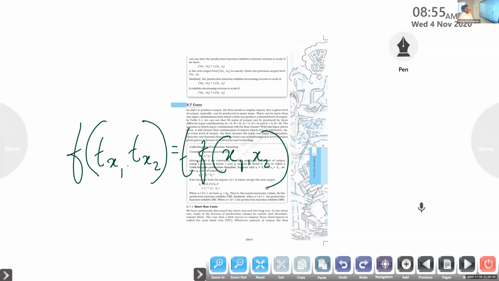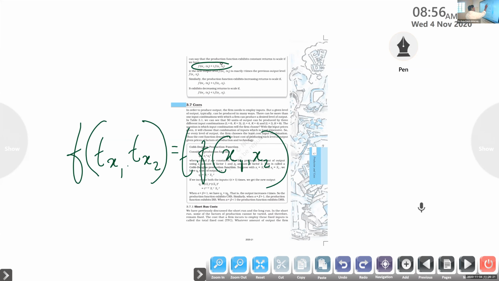Here T means the change that we made in the proportion. Just for understanding, imagine we doubled x1 and doubled x2. That's what T is, and the value of T is always greater than 1. So f of tx1 and tx2 is equal to t multiplied by the function of x1 and x2. Equal. Clear?